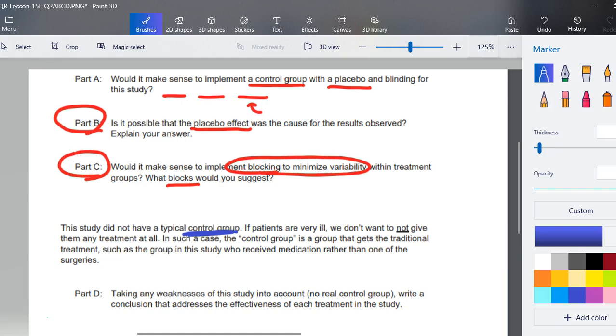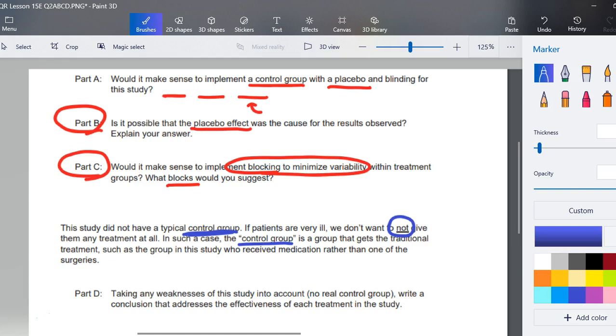Let me say it again. If patients are very ill, we don't want to not give them any treatment at all. So in such a case, the control group is a group that gets the traditional treatment, such as the group in the study who received medication rather than one of the surgeries.